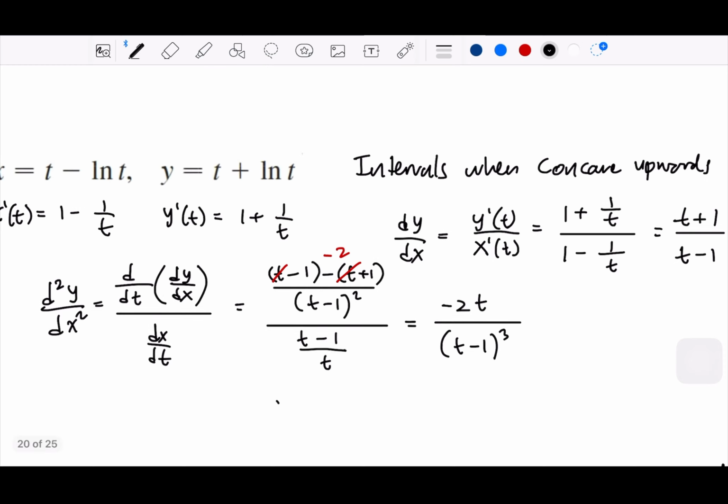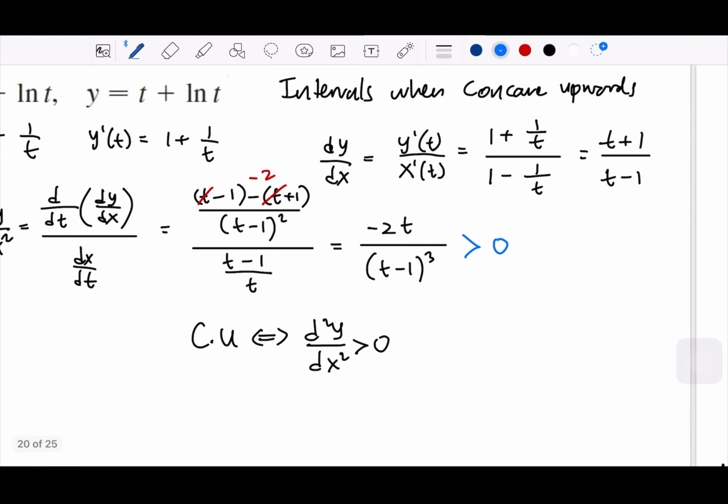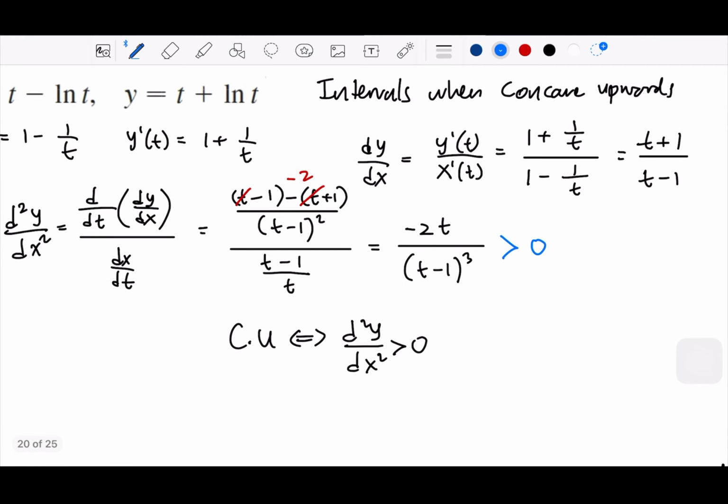Now concave upwards, you remember, is when the second derivative is positive. So it needs to be greater than 0. Okay. So of course, the first thing that comes to mind is what numbers.